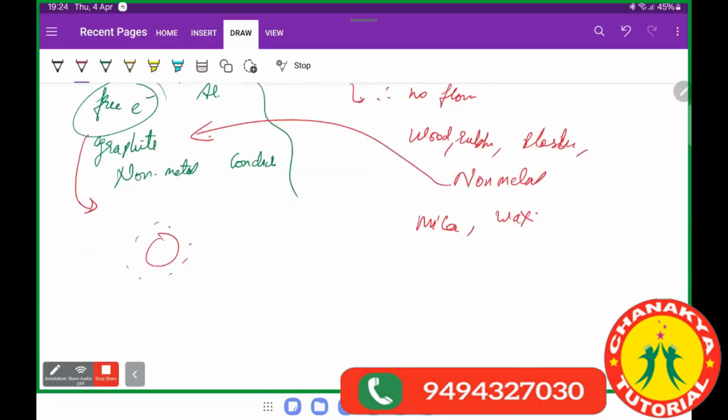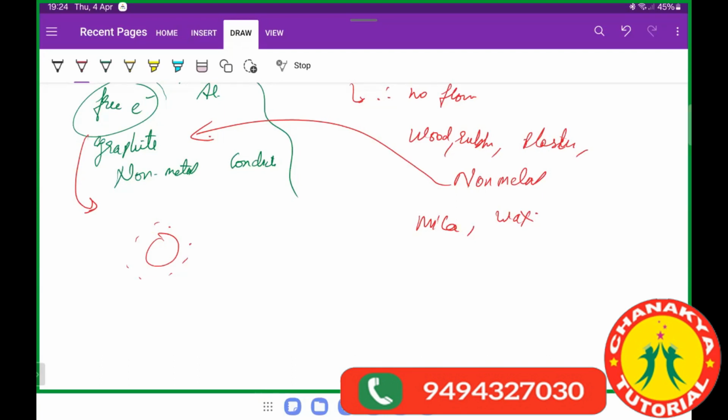Okay. So if we go with liquids, in liquids we have electrolytes. Name any electrolyte. NaCl is an electrolyte.